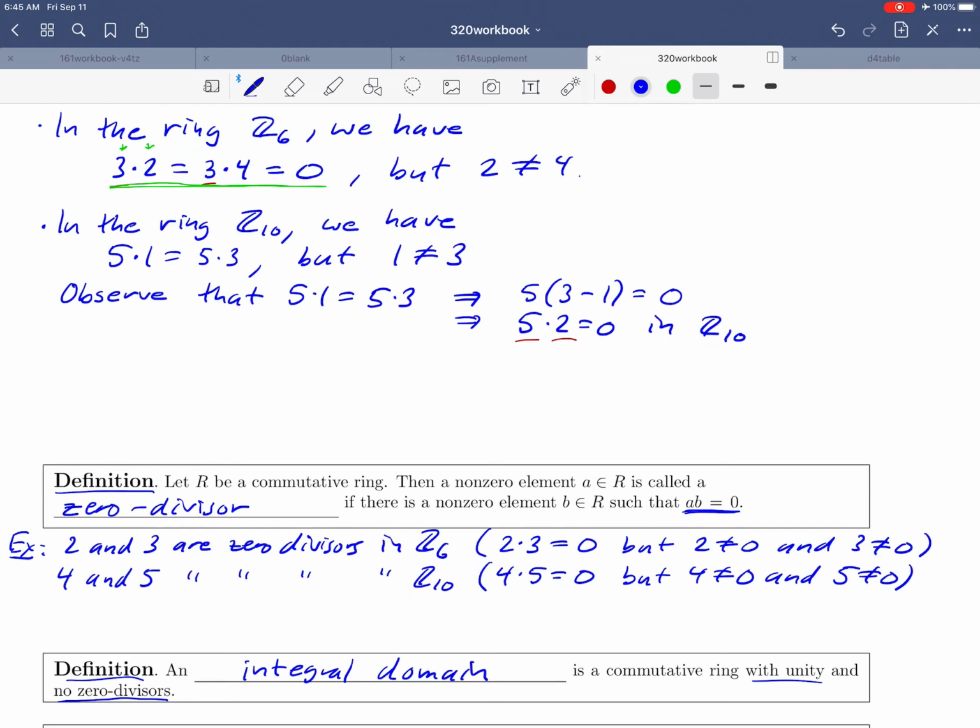It seems weird that we can take two non-zero numbers, multiply them together and get 0, so we're going to assume we don't have any zero divisors, and a ring where that's the case is going to be called an integral domain. As we'll see as we proceed further into this chapter, integral domains have a number of nice properties. They behave more consistently with the way that we're used to having numbers behave.